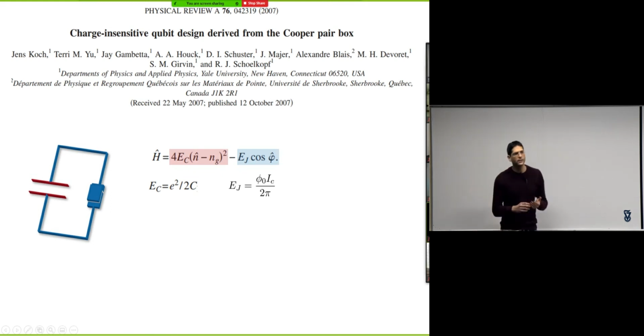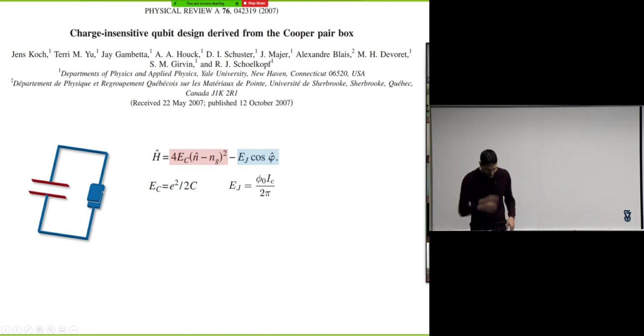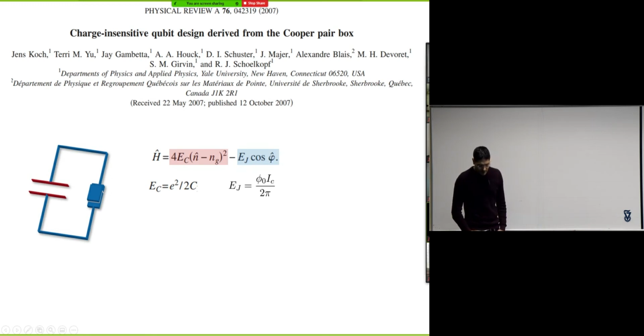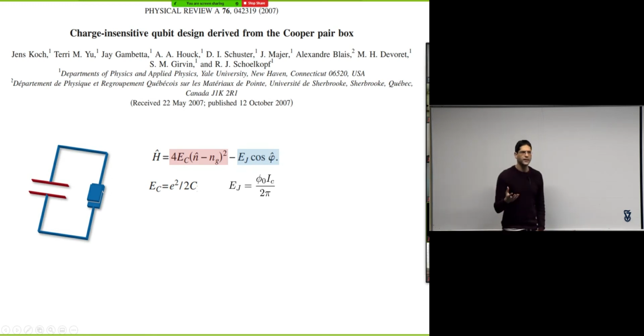The Hamiltonian, though, for both these circuits is exactly the same. It is what is written down here. So you can see that the circuit is this Josephson junction with a capacitor in parallel, and the red part here is the capacitor. Okay, so this is the Hamiltonian for the capacitor. It's exactly what we wrote when we quantized the LC circuit.